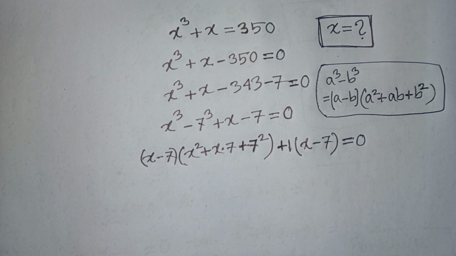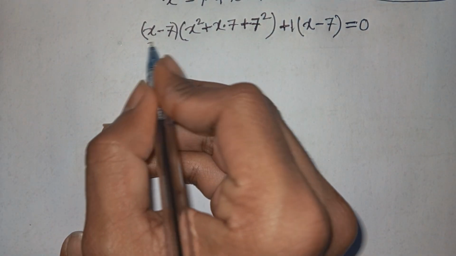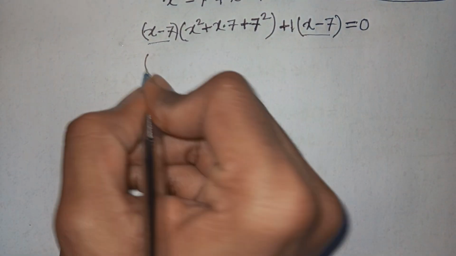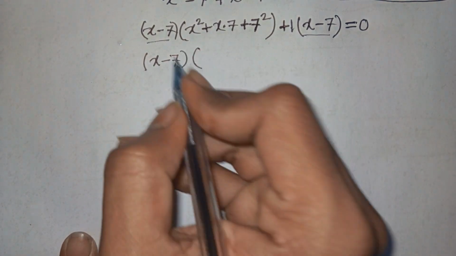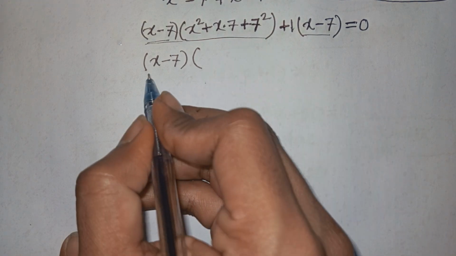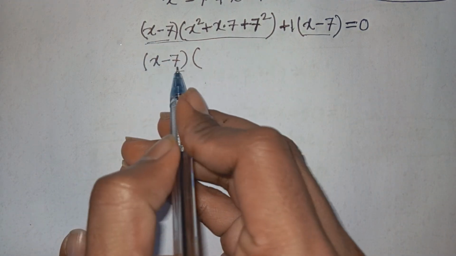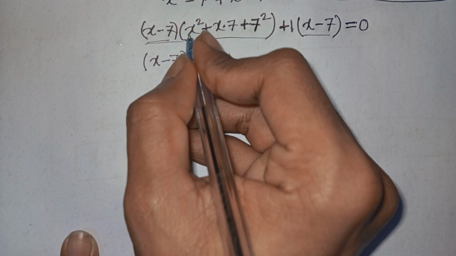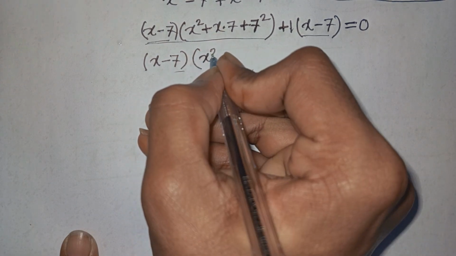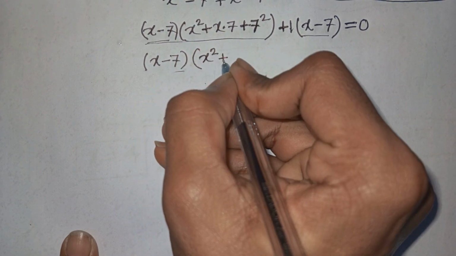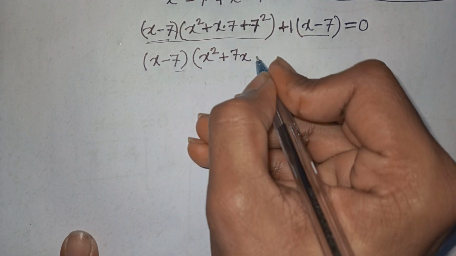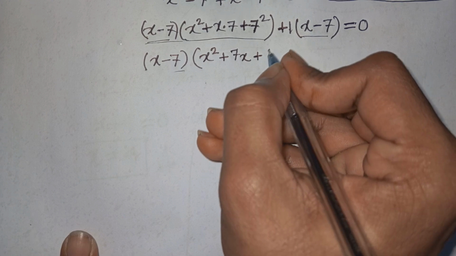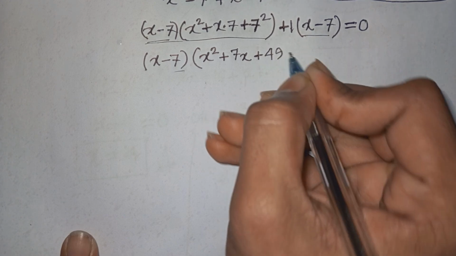Now we take common x minus 7. So bracket x minus 7 is out of this bracket. So this divided by this. So this x minus 7, this x minus 7 will be cancelled. So we have x square plus x times 7, that means it will be 7x plus 7 square is same as 49.